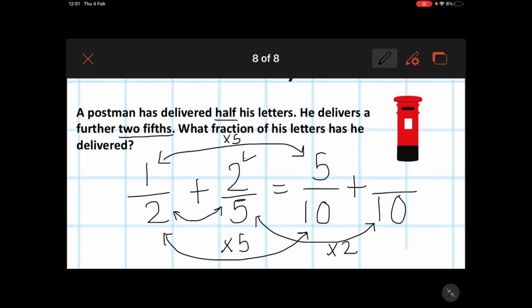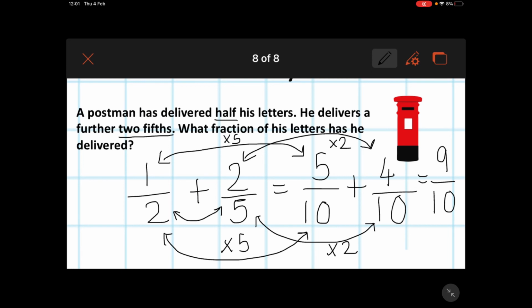So I must multiply the numerator by 2. 2 times 2 is 4. 5 tenths add 4 tenths. 5 add 4 is 9, and my denominator will remain as 10. So the answer to this question is 9/10 in its simplest form. Okay, well done.